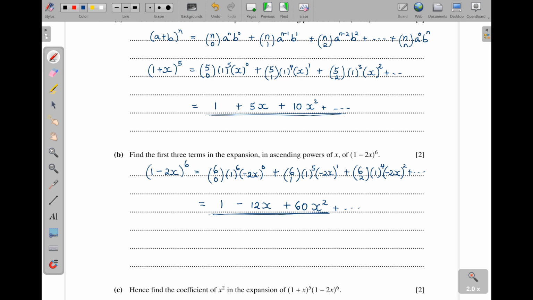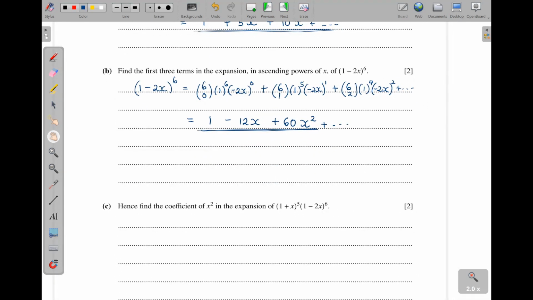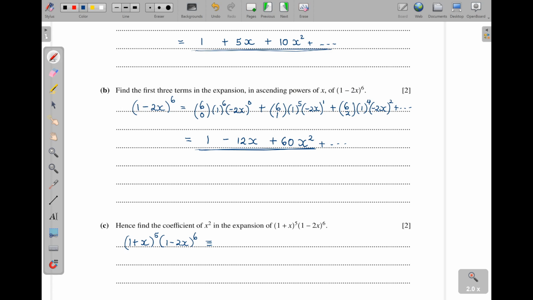Then after that, part C, they are saying hence, meaning use what you have gotten in part A and B to find the coefficient of x squared in the expansion of this. Now, first of all, we have (1 + x) to the power of 5 and then (1 minus 2x) to the power of 6. This one is going to be the first one: 1 plus 5x plus 10x squared.